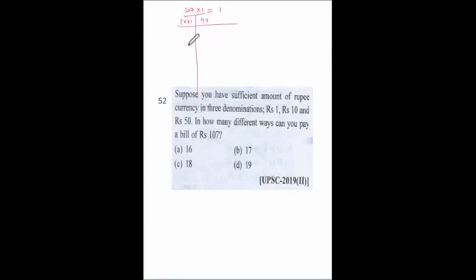Then 10 into 2, it becomes 87, then 30, 40, 50, 60, 70, 80, 90 and 100, means 10 notes of 10 rupees. 10 into 10 is 100. So here 77, 67, 57, 47, 37, 27, 17 and 07. So these many ways. So these are 10.